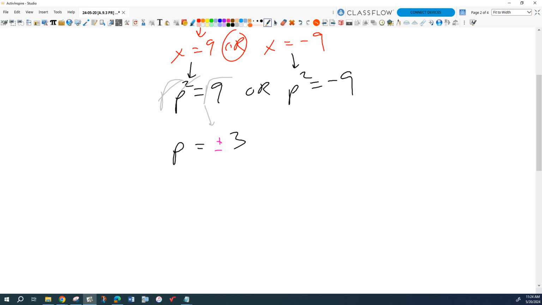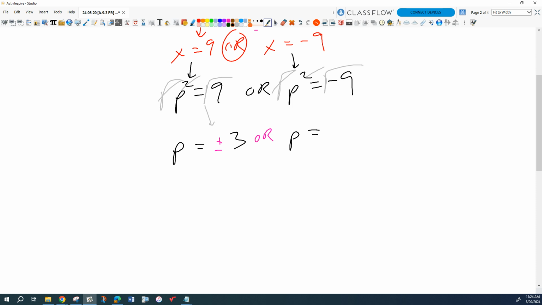Okay, or what about over here if I square root both sides? That cancels the squared, and I get P equals, okay, but what's going on here? Square root of negative 9 becomes what? Yeah, what's our rule? A negative inside a square root becomes i outside.